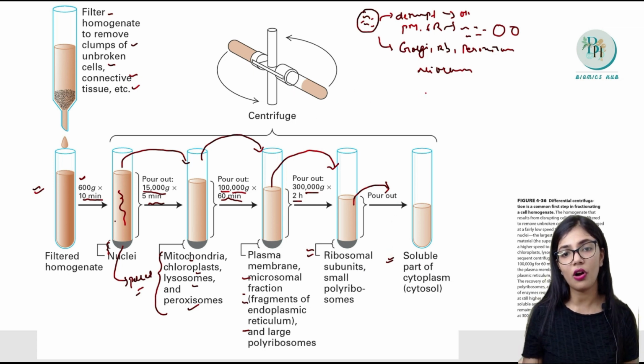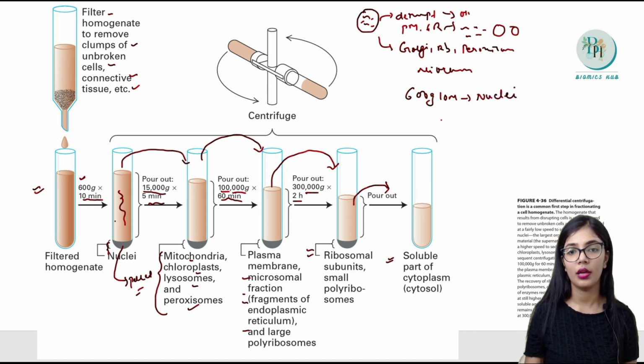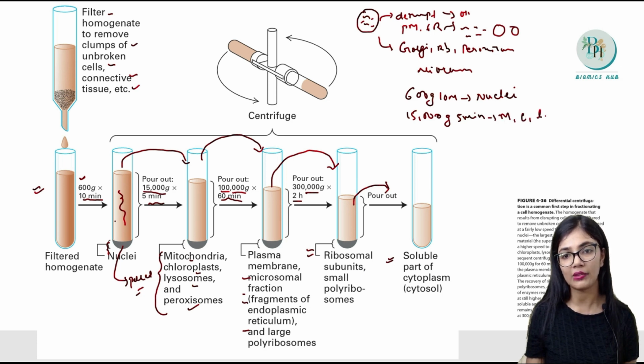So at first, at 600 G for 10 minutes, we got the nuclei. At 15,000 G for 5 minutes, we got mitochondria, chloroplast, lysosome and peroxisome.